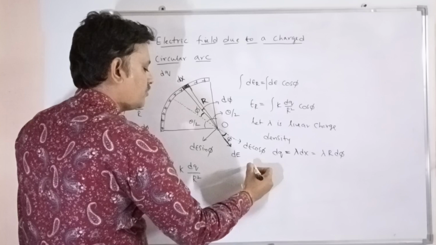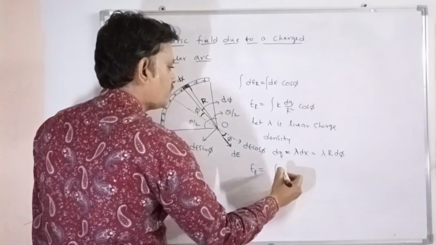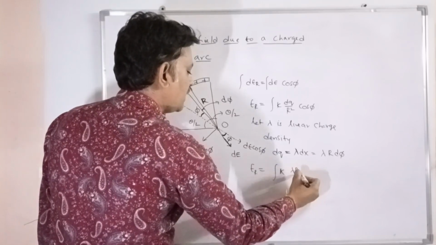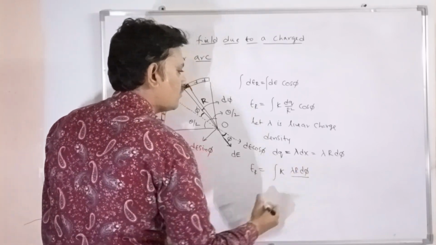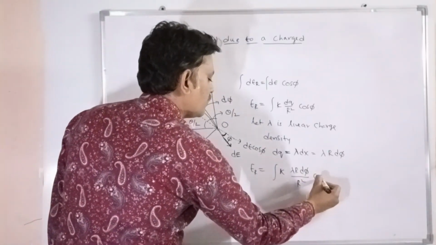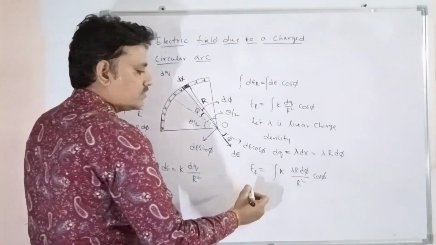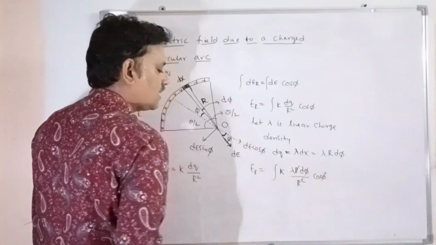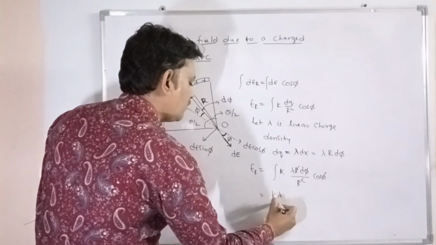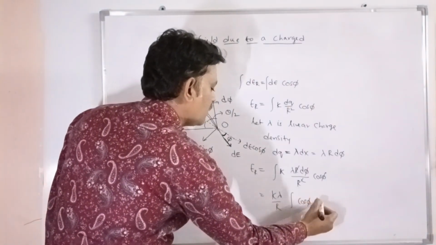Substituting in the above equation, the resultant electric field is equal to the integral of k into lambda r d phi by r square into cos phi. Okay, so here r cancels, and we get k lambda by r times the integral of cos phi d phi.